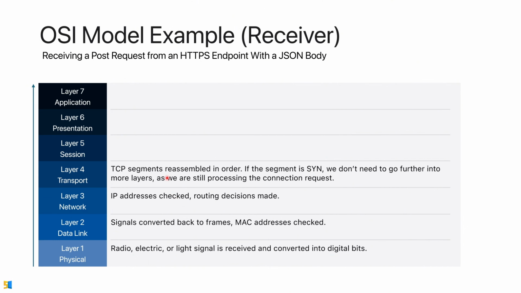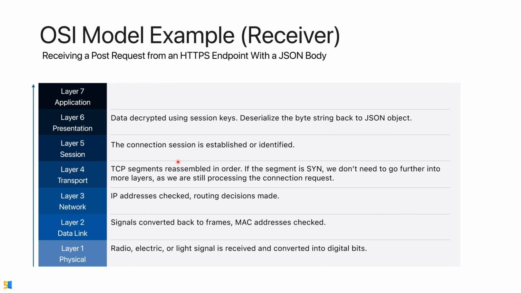But if the TCP connection has been established, it will be managed by the session layer. And then in the presentation layer, the data will be decrypted using the session keys. The byte string will be deserialized back into a JSON object to be used by the application, which will receive the POST request and do whatever logic it has there.